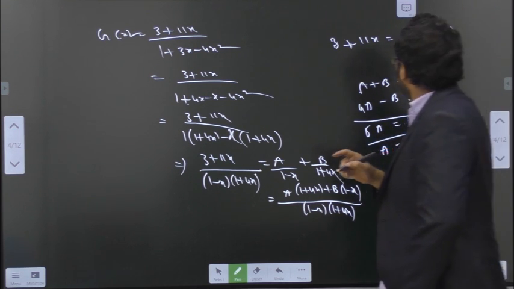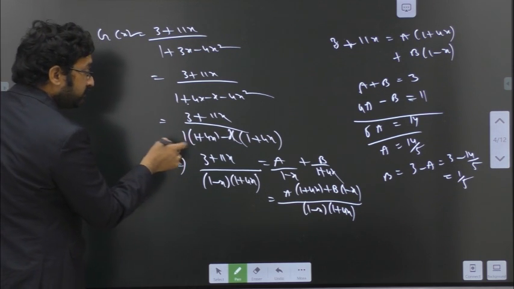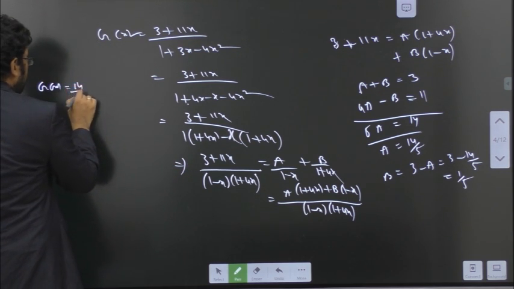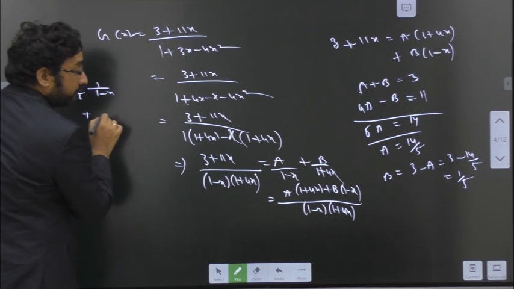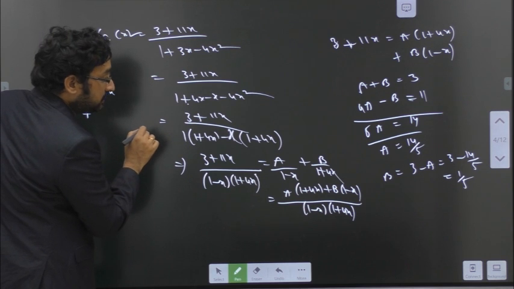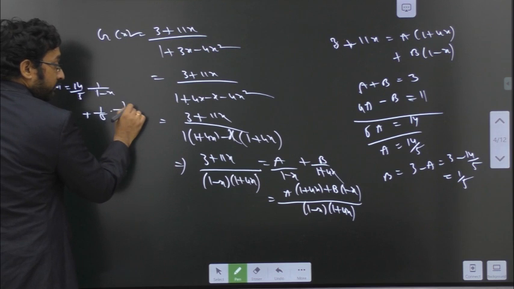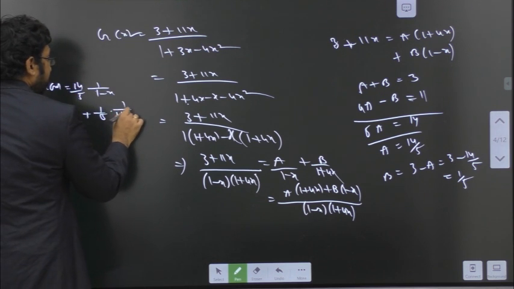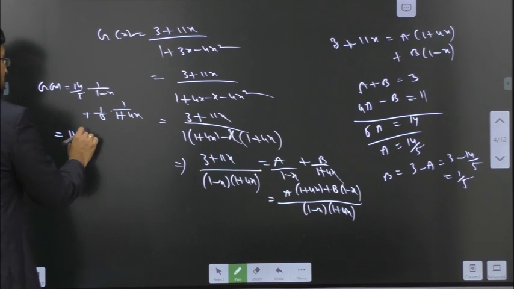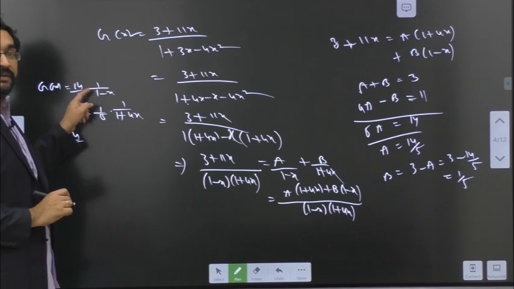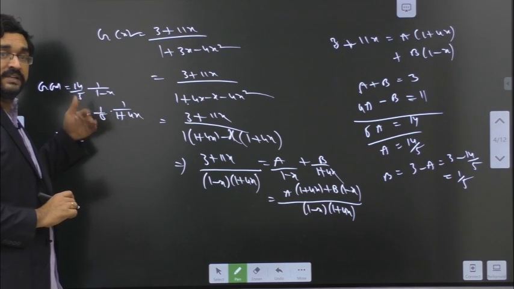Substitute here. Therefore, g of x equal to a means 14 by 5 into 1 by 1 minus x plus, what is b here? b is 1 by 5, 1 by 5 into 1 by 1 plus 4x. So 14 by 5 into, we know that it is in the form 1 by 1 minus ax. 1 by 1 minus x is equivalent to sigma a power n x power n.